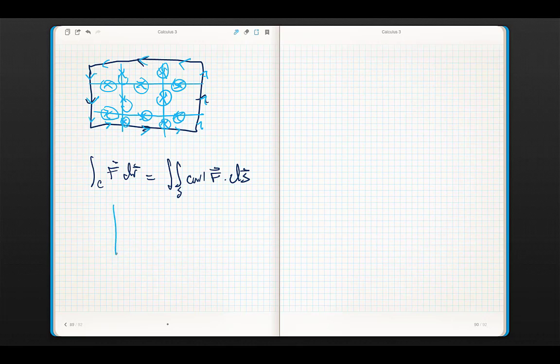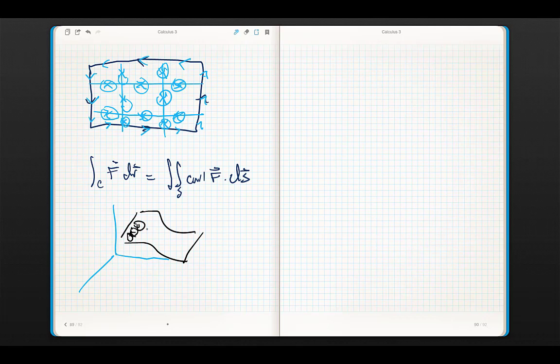Now, I can generalize this to 3-space relatively easily. If I've got this little bounded region, right, and I add up all the little swirls, well, these guys are going to cancel as they go, right?